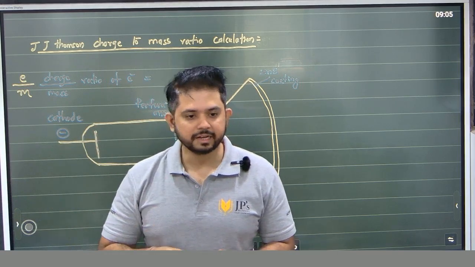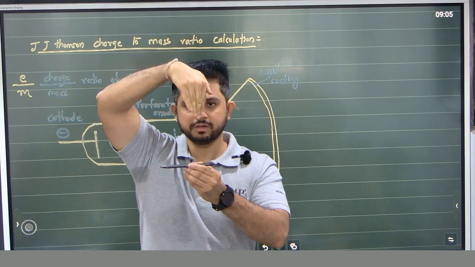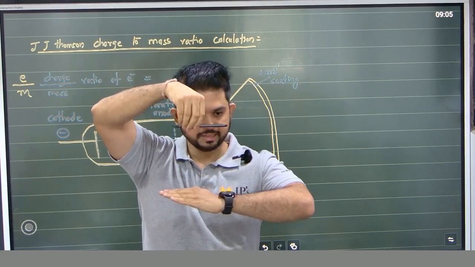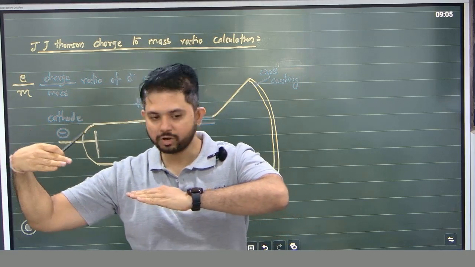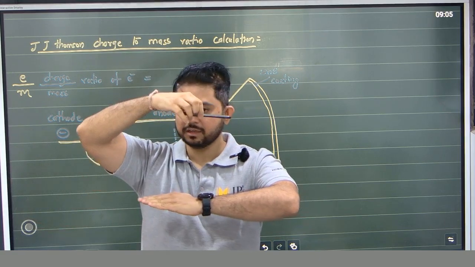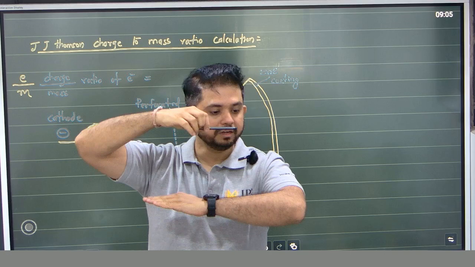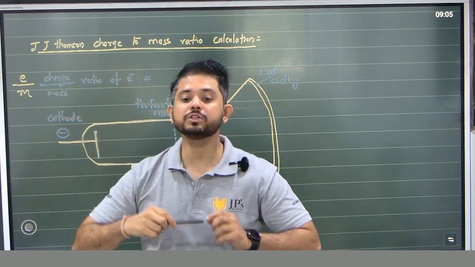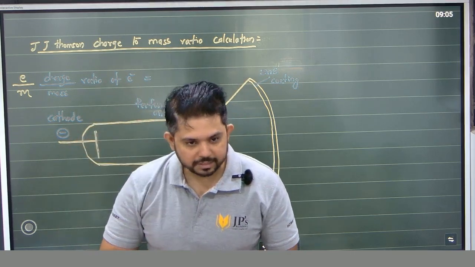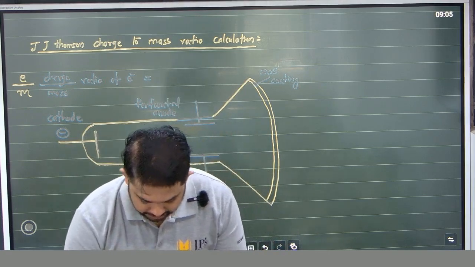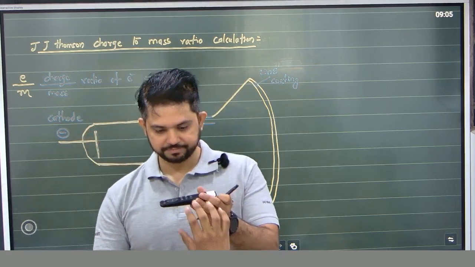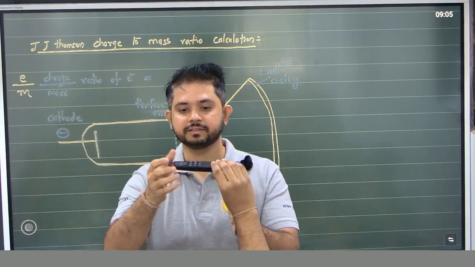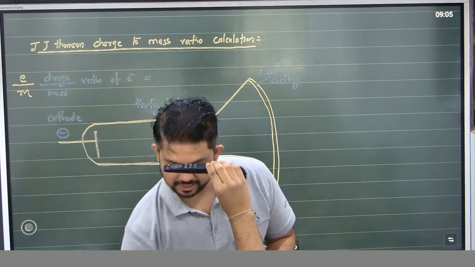How is the electric field placed? One above, there's a rod like this, and there's a rod like this, and the cathode rays are moving like this. But along with the electric field, even a magnetic field was placed. So try to understand the placement a little. If this is the trajectory, it is going through this. So how is the electric field placed?